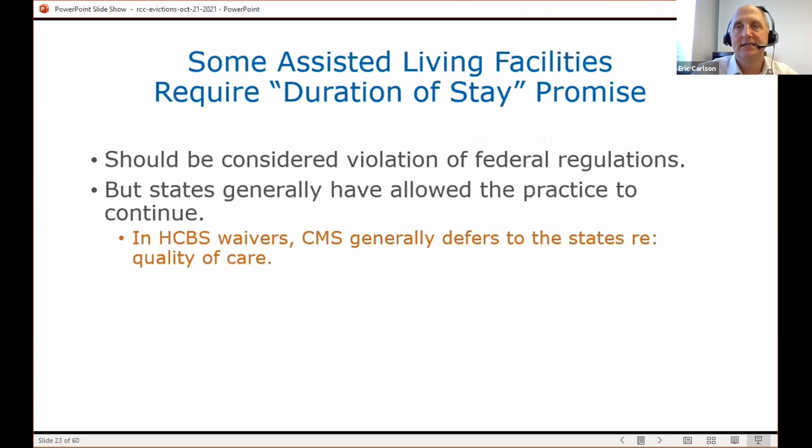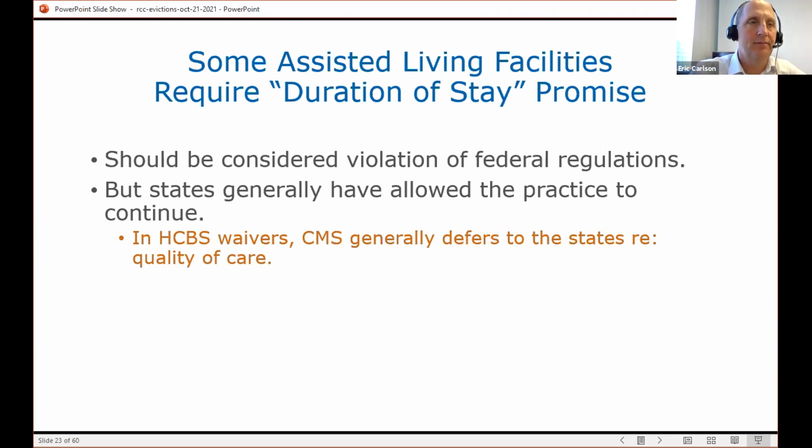But you see this in assisted living, unfortunately, and some states seem to just recognize it as the way things are. I would just encourage you to not accept that. It should be a violation of law for the same reason that the doctor has to accept Medicaid from a Medicaid eligible person.